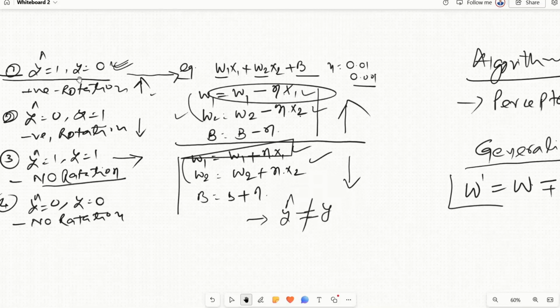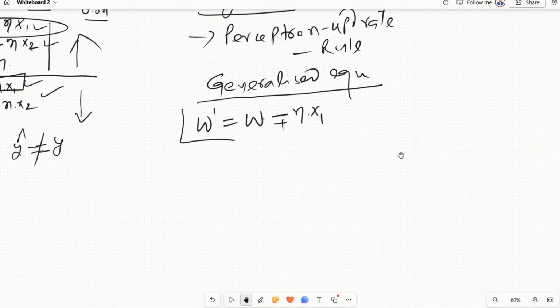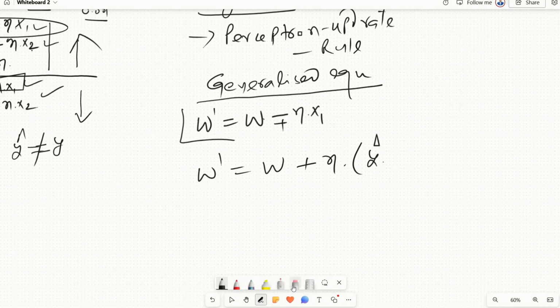Just to combine these two equations into a single equation, I can say that w1 dash is equal to w plus eta into (y minus y predict) into x.